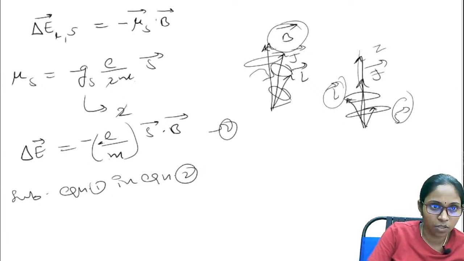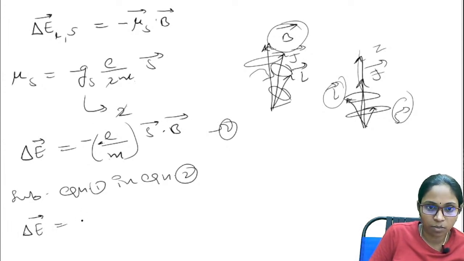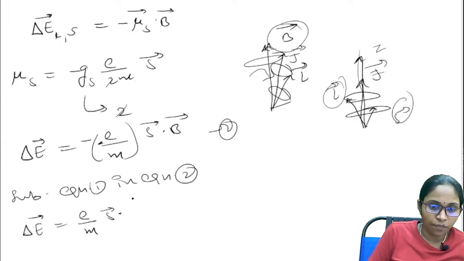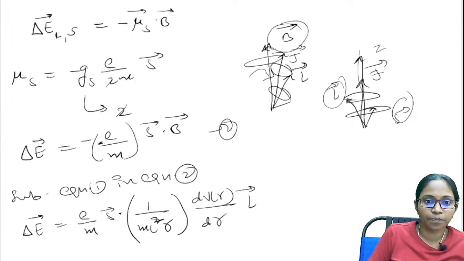I will take a fresh page. Therefore, delta E bar equals minus into minus, plus e by m S bar dot, what is the B value we have, 1 by m c square r into dV over r by dr L bar.